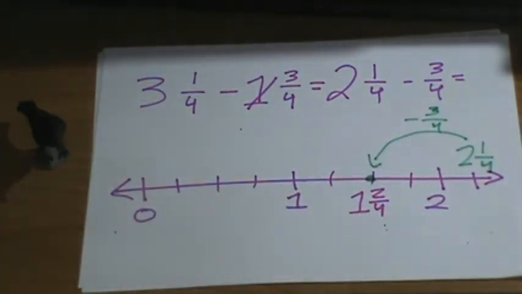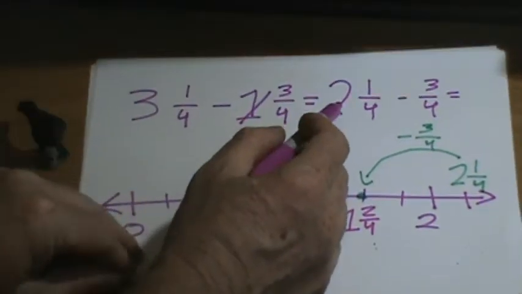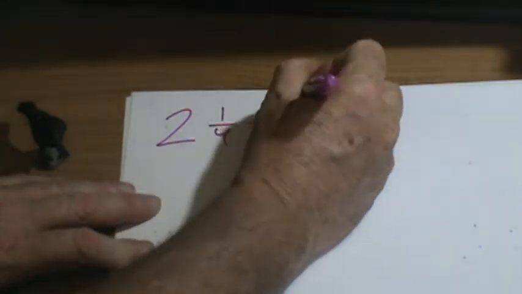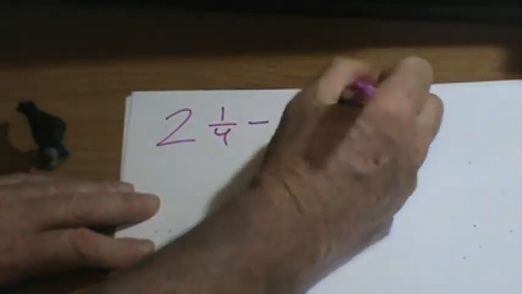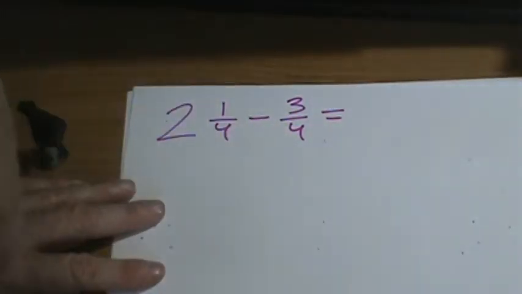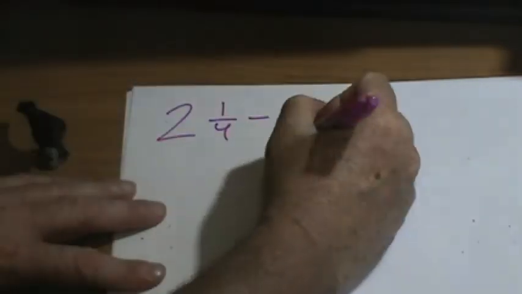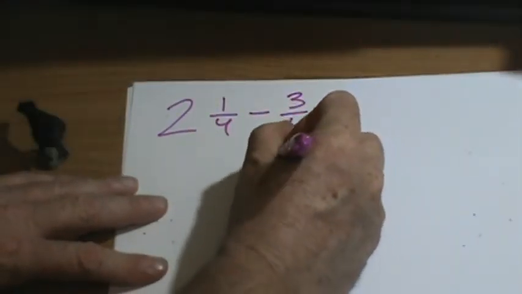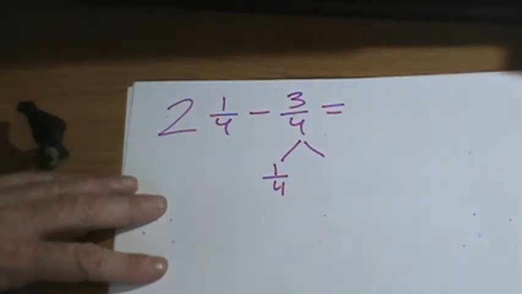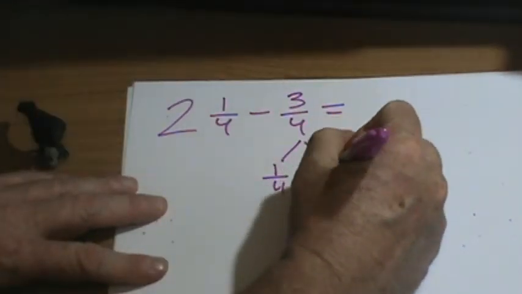Now, the other way we could go about this is we could decompose the 3/4. Watch what happens there. Let's take this part of the problem and go to a different page. 2 1/4 minus 3/4. Remember we could decompose this to 1/4 and 2/4, right?